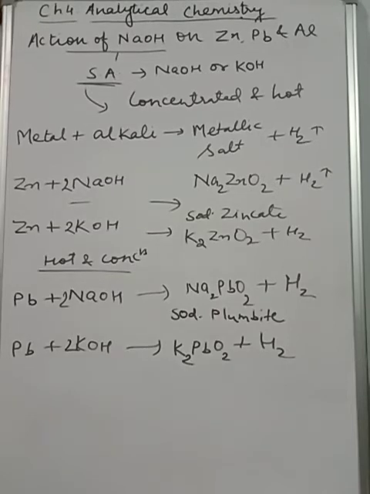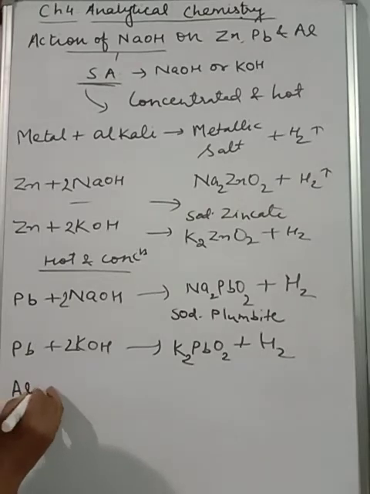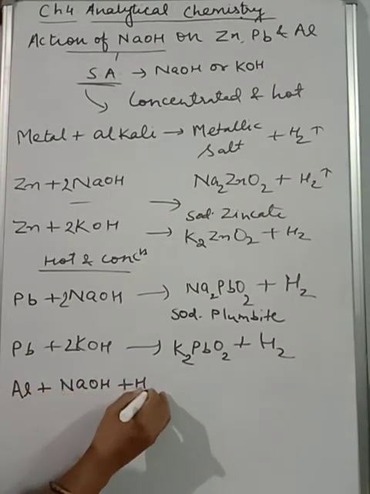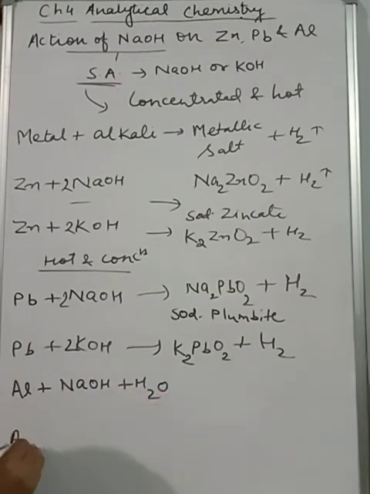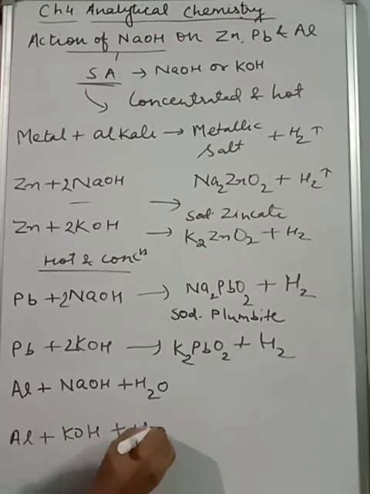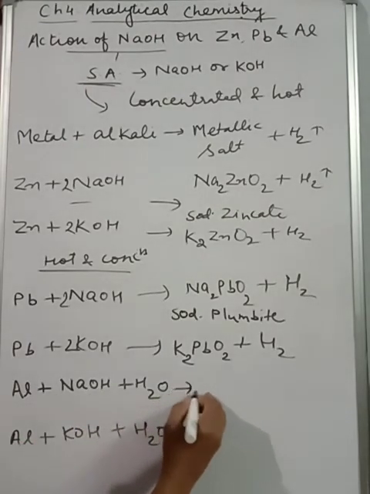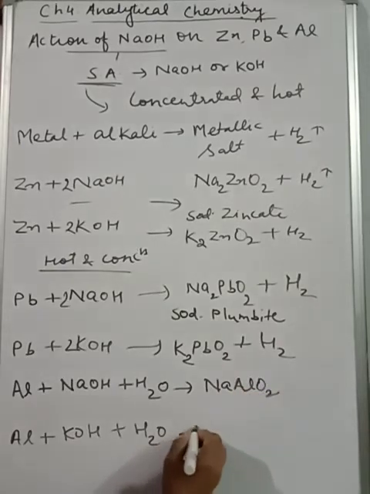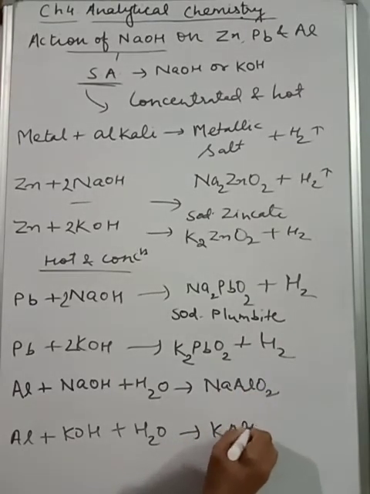Why have I taken only zinc and lead first? Because both are similar, but when we think about aluminium, it is a little bit different. Because in the case of aluminium plus NaOH, water is also added. Aluminium plus KOH plus water is also added, and the product is also different: NaAlO2 and KAlO2.